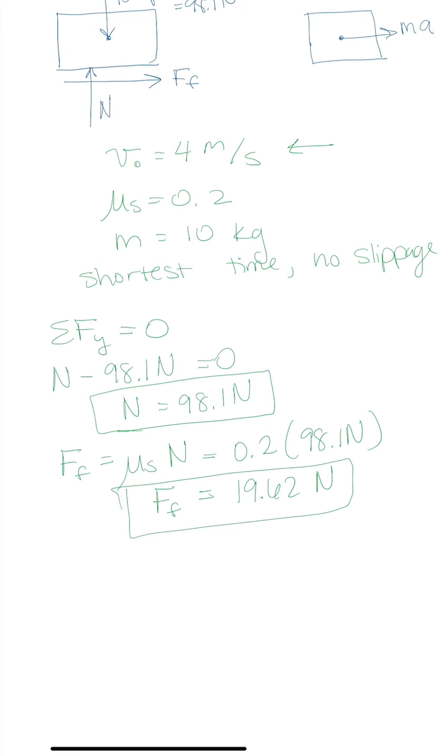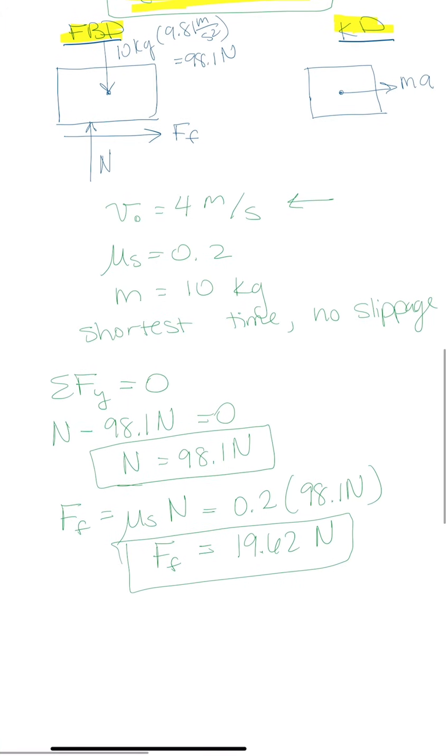Now we need to figure out what that acceleration is, or what that maximum acceleration is. So if we sum the forces in the x direction, that equals mass times acceleration. And the force in the x direction is just that force of friction. So that's 19.62 newtons equals the mass, which is 10 kilograms, times acceleration.